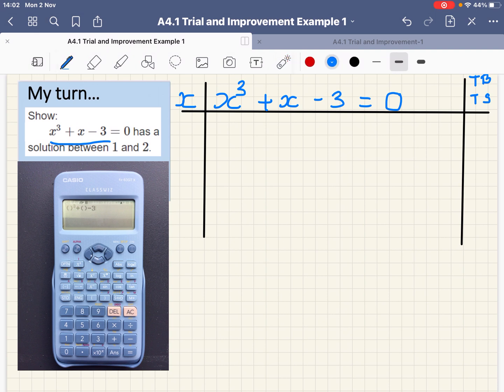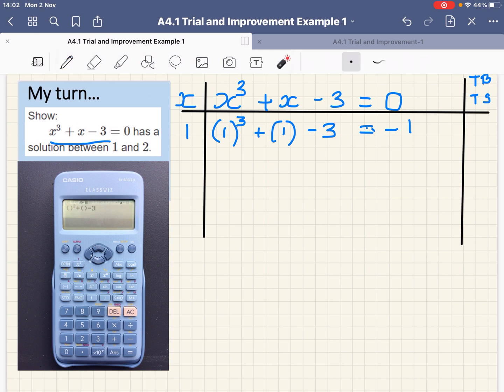So here we have 1, and inside our brackets this time we are replacing the x values with 1. So we've got 1 cubed plus 1 minus 3, and when we type that into the calculator, you should find that you have an answer of minus 1.